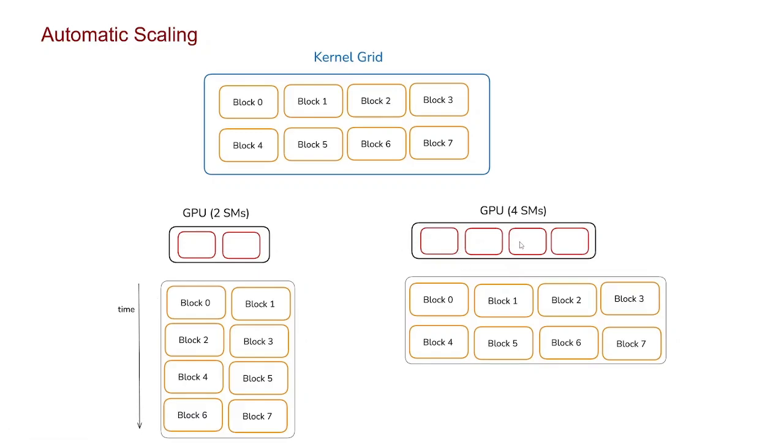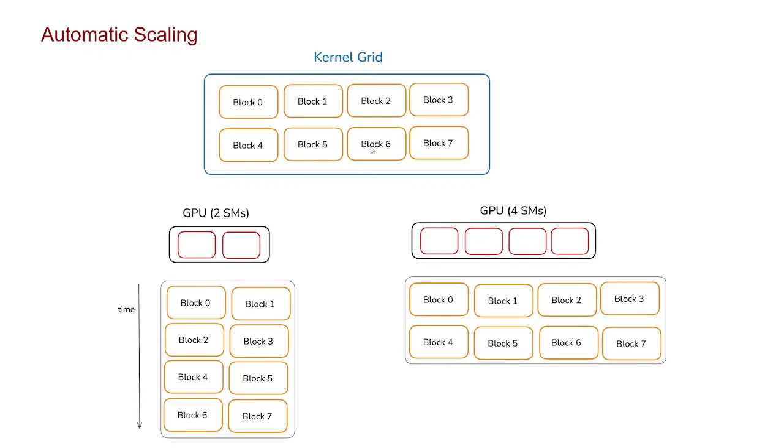Whereas if the GPU is more capable, more powerful, and the array of streaming multiprocessors is quite big, then one can run through these blocks in the grid faster. Because we know that the blocks are independent, they can be scheduled based on how much availability there is of the streaming multiprocessors.